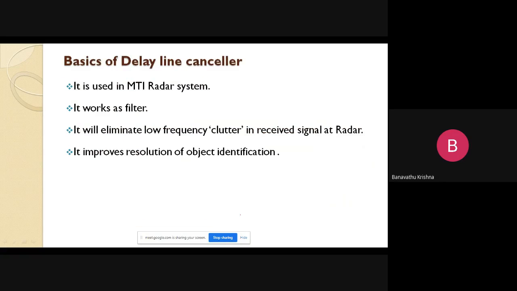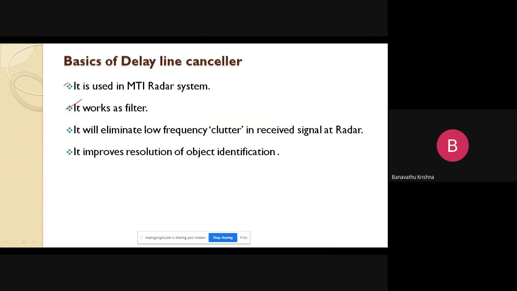Coming to the basics of the delay line canceller, it is used in MTI radar system. It works as a filter where low frequencies occur; such low frequency signals are removed by using this delay line canceller.